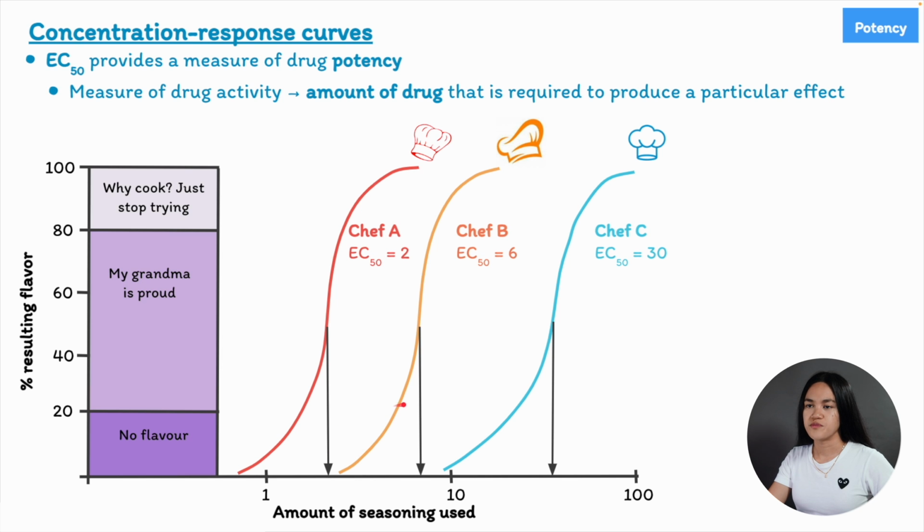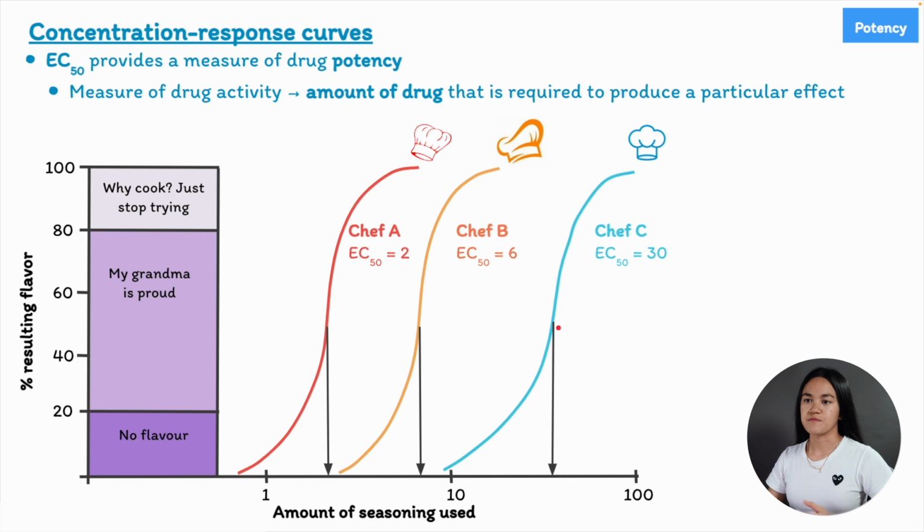Now looking at Chef B's curve here, it starts with a higher amount of seasoning and it steadily increases in flavor, okay, and levels off at a slightly higher flavor point compared to Chef A. So the EC50 value for Chef B is higher than that for Chef A, meaning a greater concentration of seasoning is needed to reach 50% of maximum flavor.